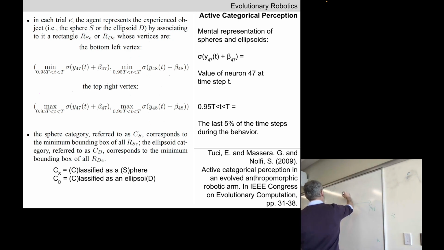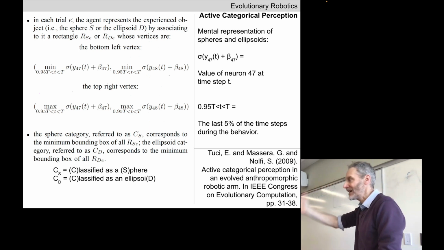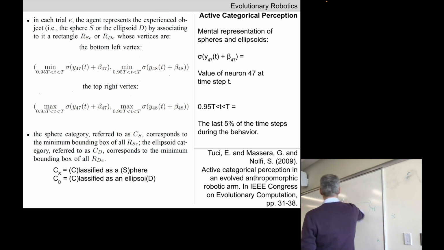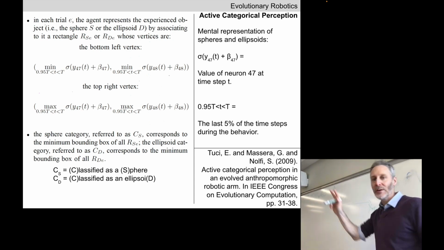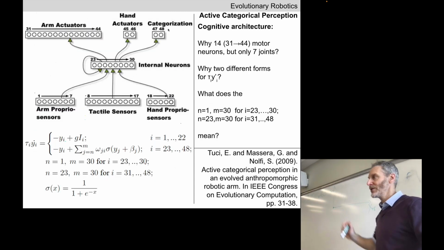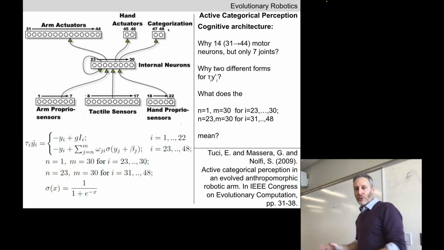Imagine that the values of 47 and 48 in some random CTRNN at the beginning of a simulation start at 0, 0. The simulation is turned on. Values start arriving at the input layer.